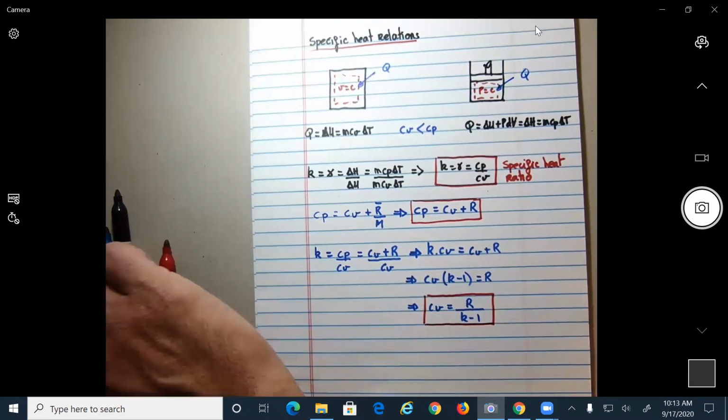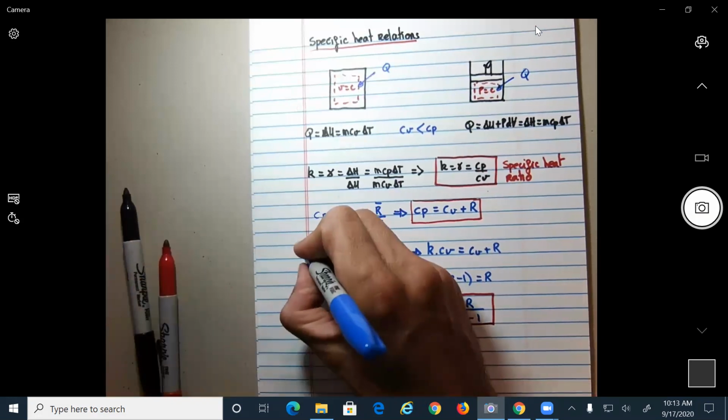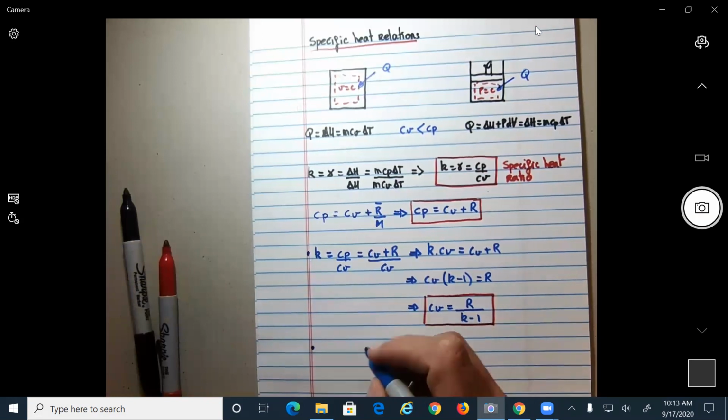Okay, and if I do the same thing now, but instead of Cv I solve for Cp, what do you have? K equal to Cp over Cv.